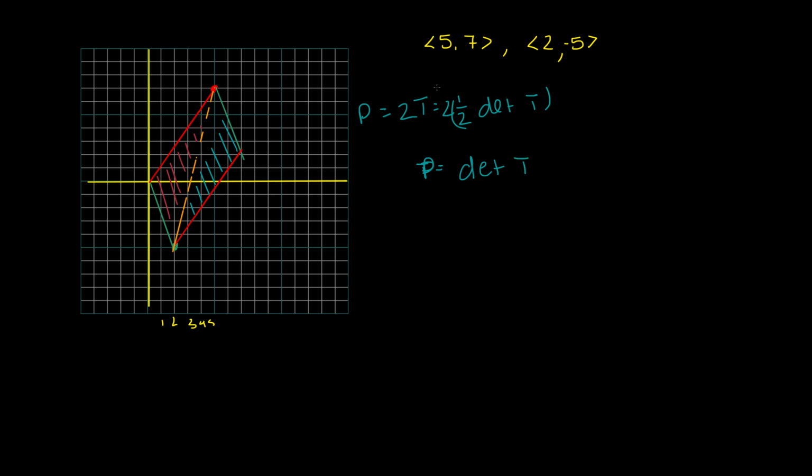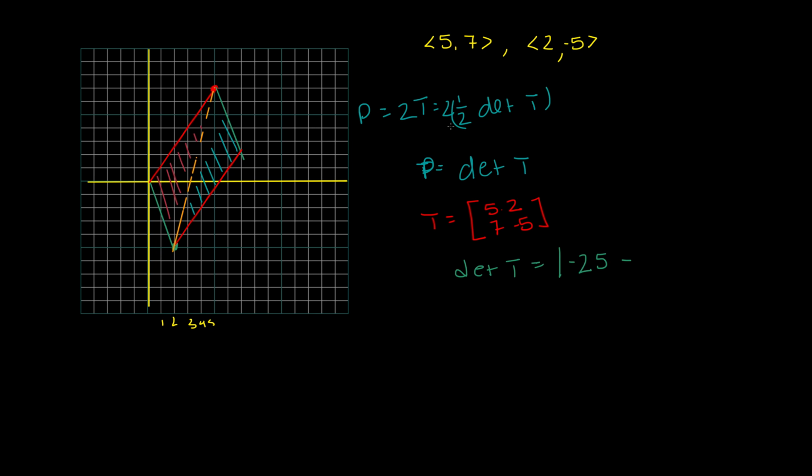All right, so now looking at this, I need to come up with my matrix T. So T is going to equal, if I remember this correctly, the x's, so 5 and 2 in the upper row, and then the y's, 7 and -5 in the lower row. So we're looking at the determinant of T, which is -25 minus 7 times 2.